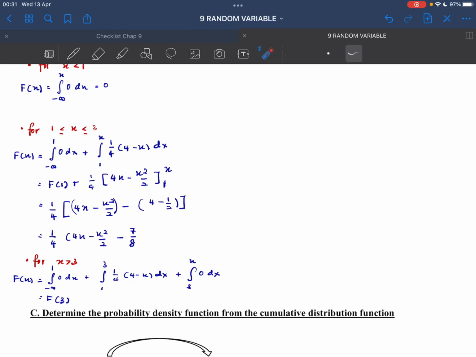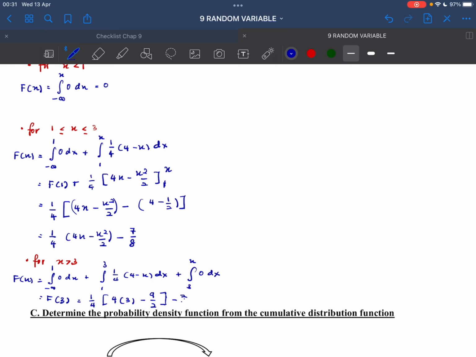So where are we going to get F(3) from? From the previous function. We substitute 3 into the previous function. So that will be 1 over 4 times (4 times 3, here we have a bracket, minus 9 over 2), minus 7 over 8.